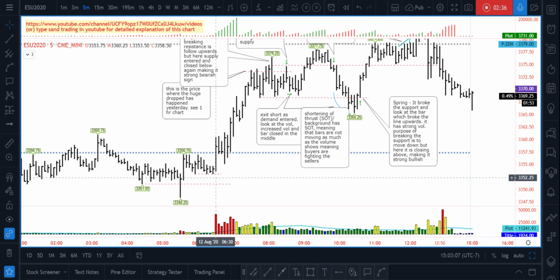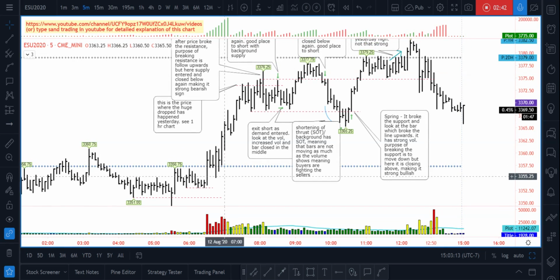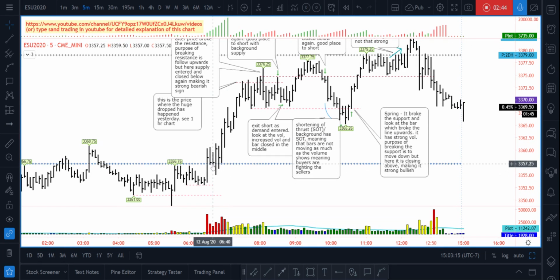As you can see, it broke the resistance, and then see the next two bars. It broke the resistance with significant volume, which is our US Open, and then the next two bars are down bars. What happened? The volume significantly declined, and this is the place where you can take a long.